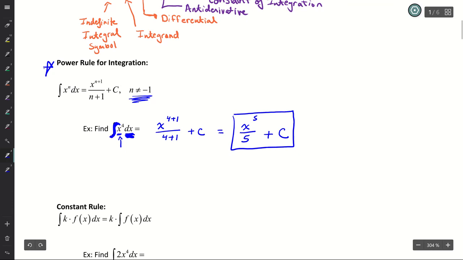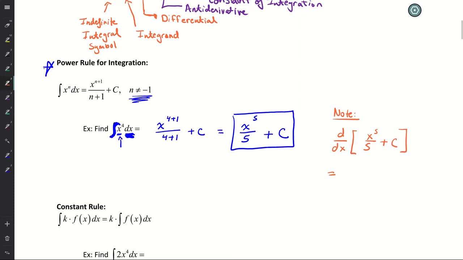Now notice, I'm not going to do this except for on this first problem, but make a note that to check these type problems, if you were to take the derivative of the result, x to the 5th over 5 plus c, using power rules for derivatives, you would take the power of 5 and multiply it out to the front, and you would reduce your original power by 1.